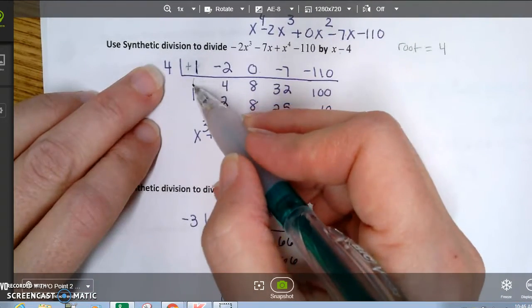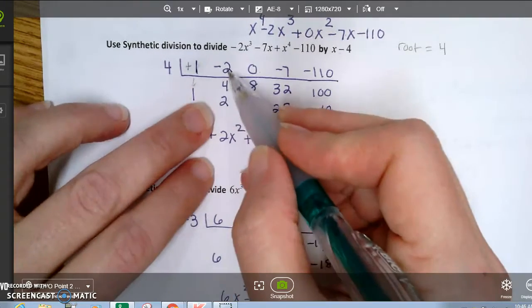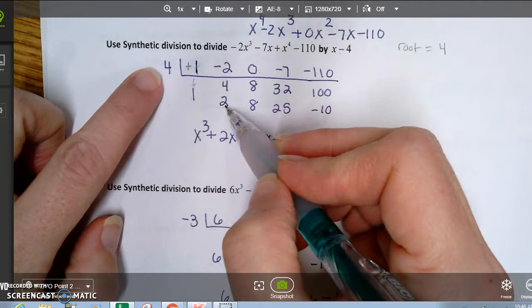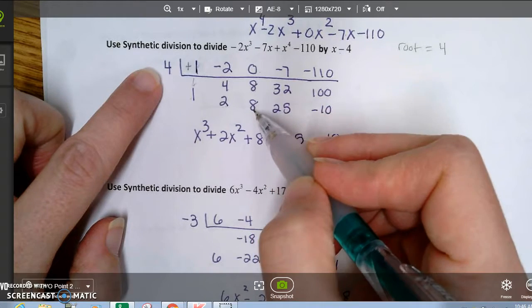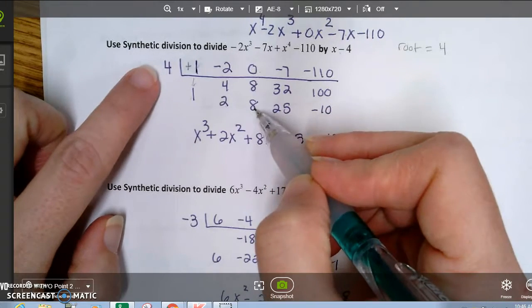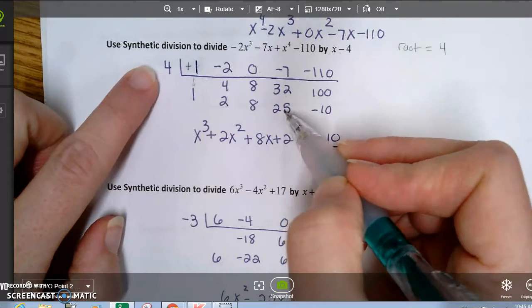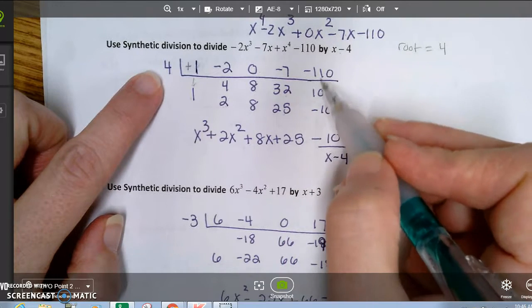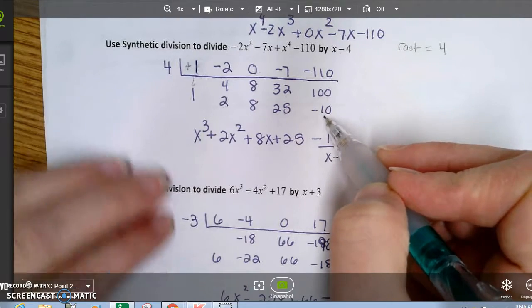So I bring down the 1, multiply these 2 together and get 4, add these 2 and get 2, multiply these 2 and get 8, add these 2 and get 8, multiply these 2 and get 32, add these 2 and get 25, multiply these 2 and get 100, add these 2 and get negative 10.